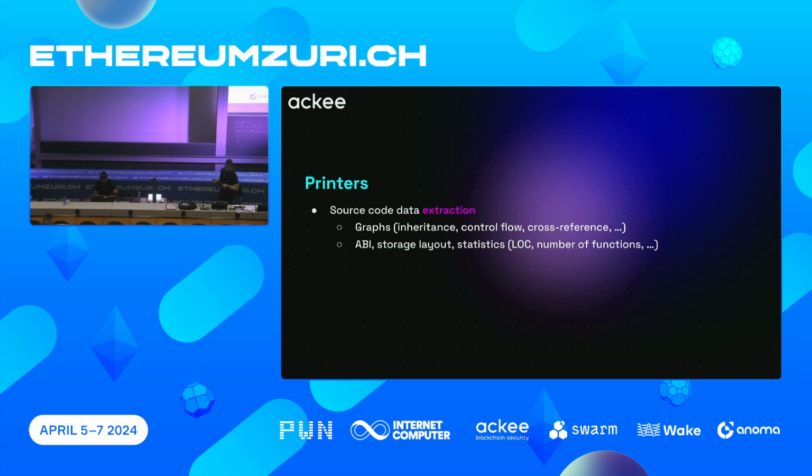It can be some interesting numbers about the Solidity source code, like lines of code, number of functions, things like that. It can be actually anything that you can extract from the AST, and not even the AST, but even from the bytecode, because when you compile the project, you've got the AST and some extra information, not only the AST but also the bytecode, so you can analyze the bytecode if you want to, and then you can print anything about the bytecode, like the number of uses of the push 0 instruction. It can be really anything.